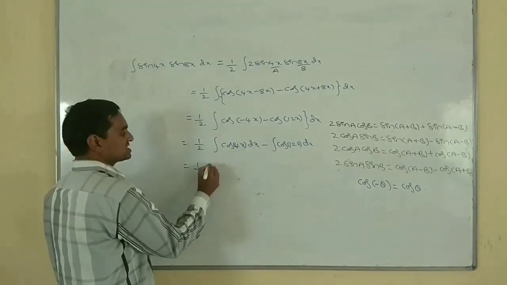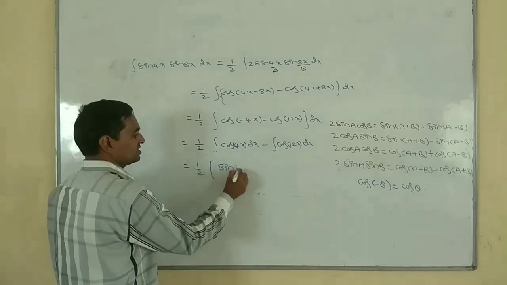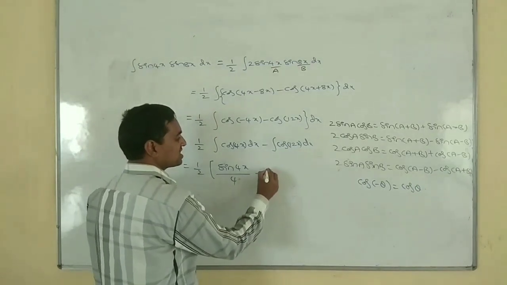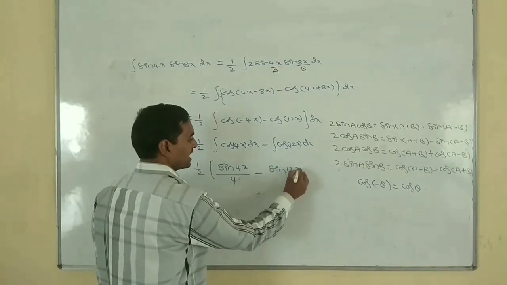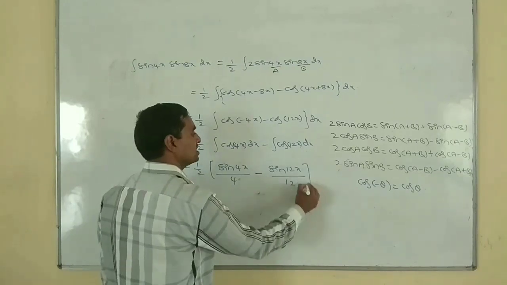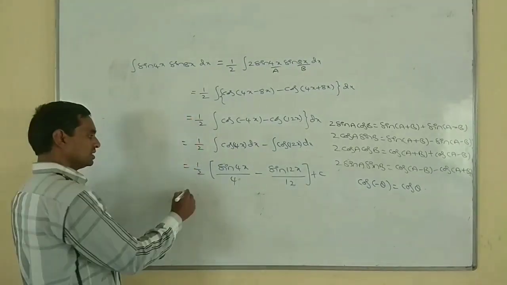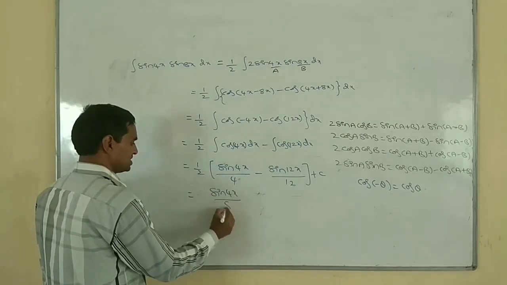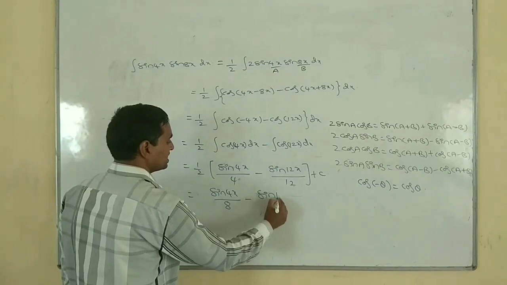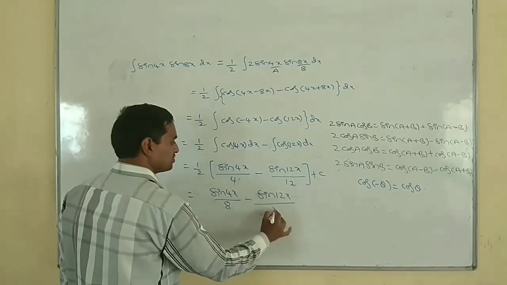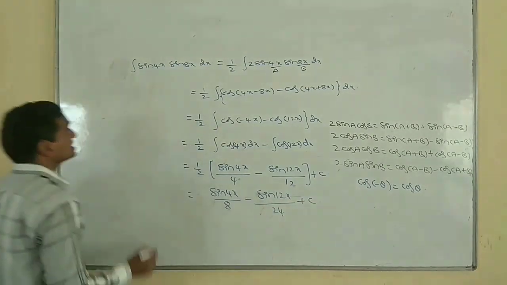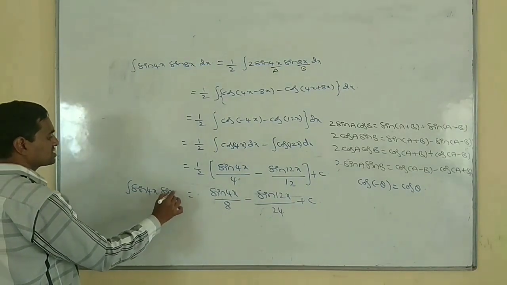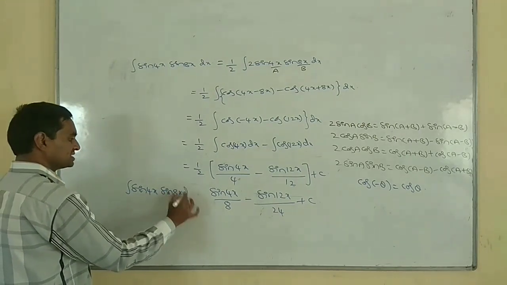The integral of cos is sin: sin 4x divided by the coefficient 4, minus sin 12x divided by 12. Now simplify: sin 4x by 8 minus sin 12x by 24, plus c. This is the integration of sin 4x into sin 8x dx.